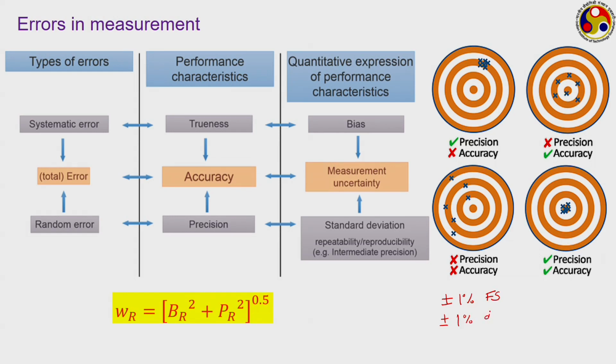You can get plus minus 1% of your reading, that is the recorded value whatever you get, so it will keep on changing with what you are measuring. The other one is plus minus 1% of an absolute quantity, like say plus minus 1% of 5 kilopascal. Both the first and the last will lead to a fixed quantity of error in any measurement, independent of the measured quantity being small or large, whereas the reading-based one will keep on varying. Error will be small for small output magnitude, and large for larger output magnitude.